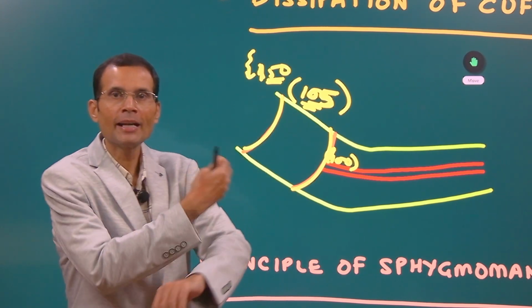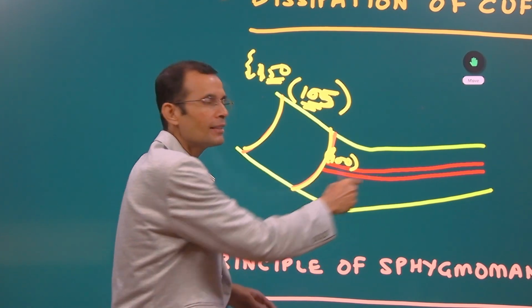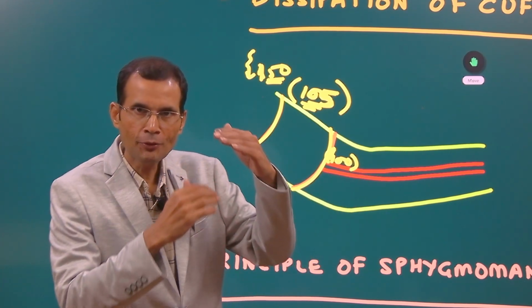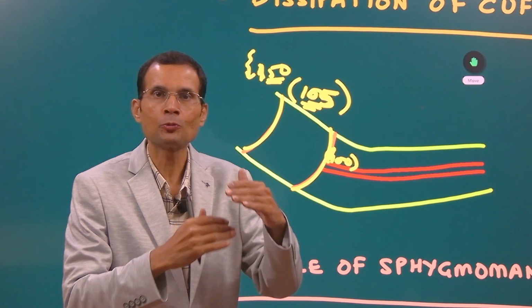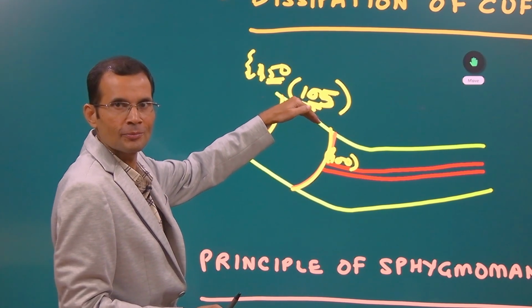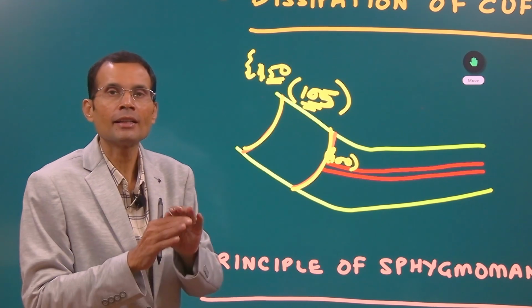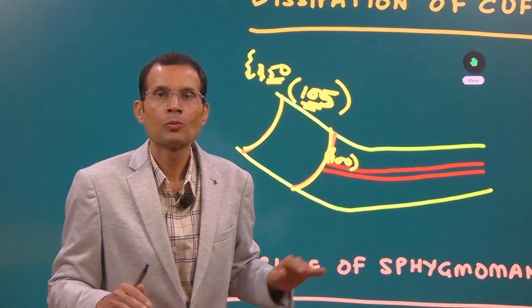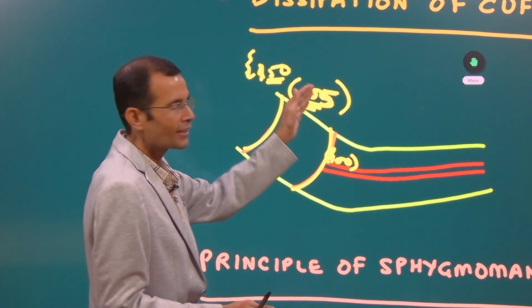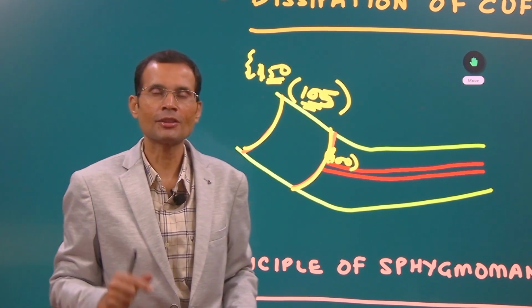Look, the cuff is applied on the outside, externally, and the artery is deep within. And between the cuff and the artery, there is some tissue, particularly muscle and fat. So as the cuff pressure reaches the artery, some of it gets dissipated. By that I mean, if the cuff pressure is 105, actually 100 is reaching the artery.